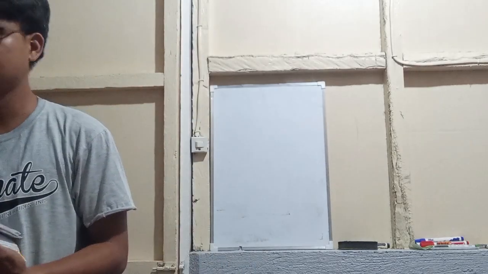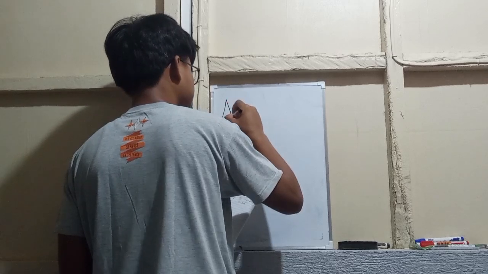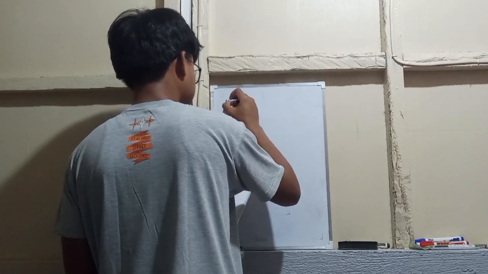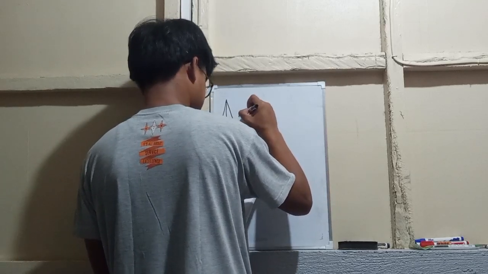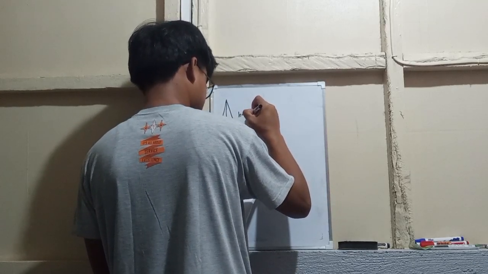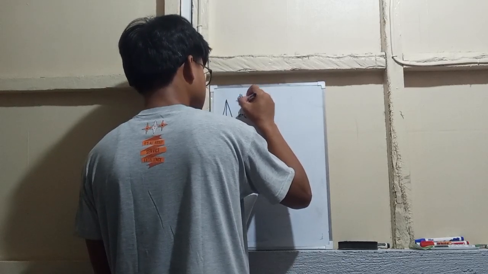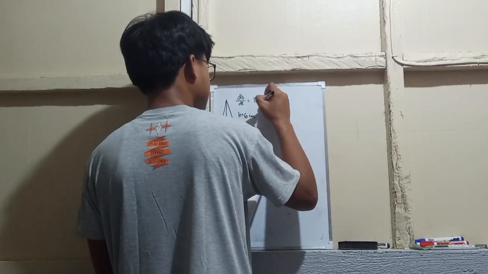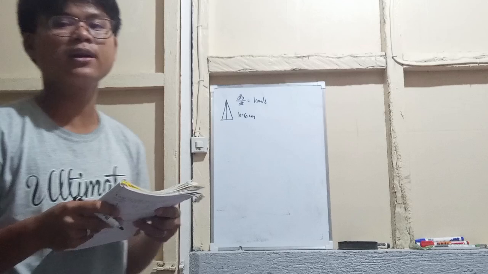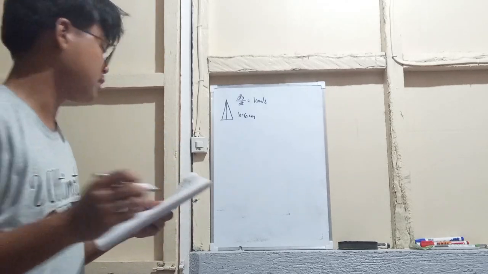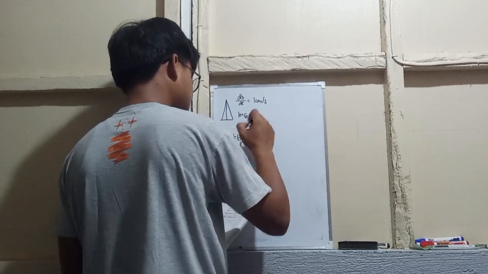So first, let's draw the triangle that is based on the problem. So we have a height of 6 centimeters and the rate of the base is equal to 1 centimeter per second. Then, we know that in getting the area of a triangle, the formula is 1/2 times b h.